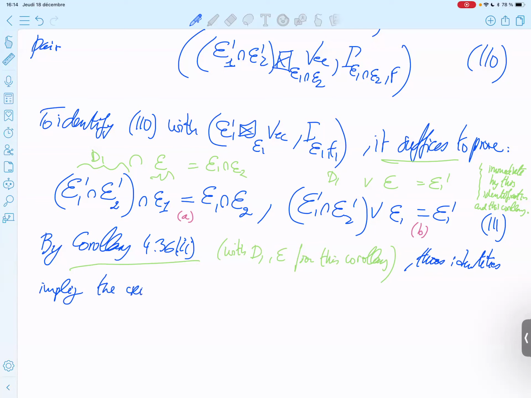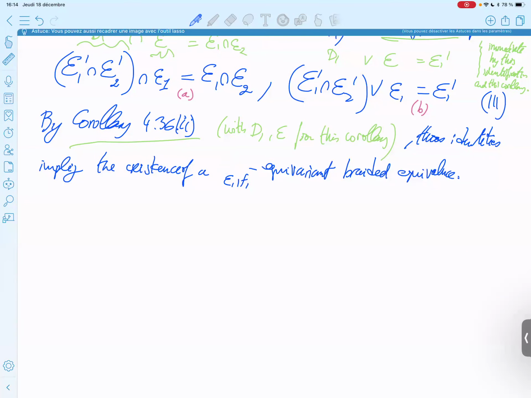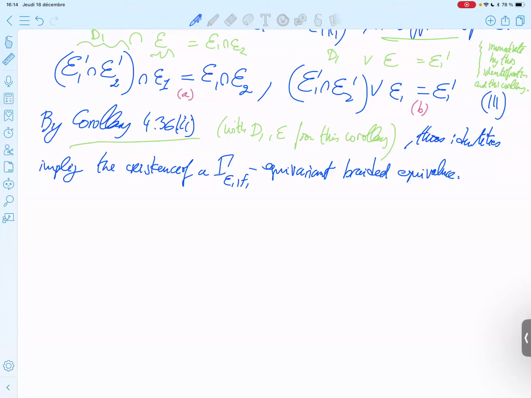by the existence of a G-equivariant braided equivalence with G equal gamma, E1, F1, E1 prime equivalent. So exactly what we expect.